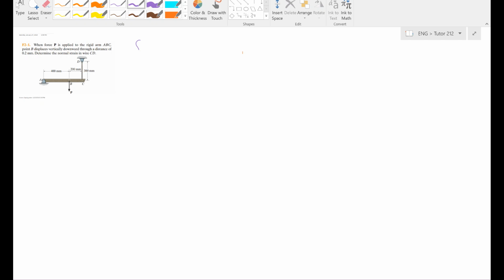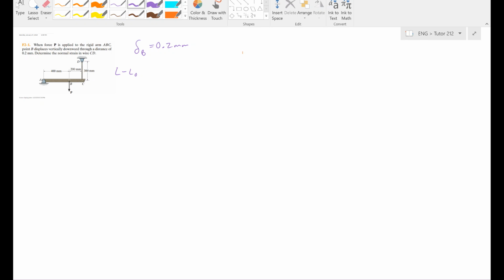All right. So that is our little elongation, which is just the difference in the original and final lengths. And it gives that to us as 0.2 millimeters. Determine the normal strain in wire CD, this guy right here.